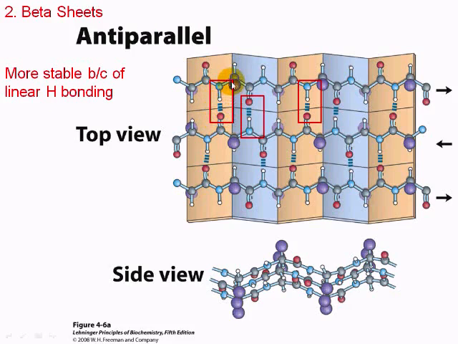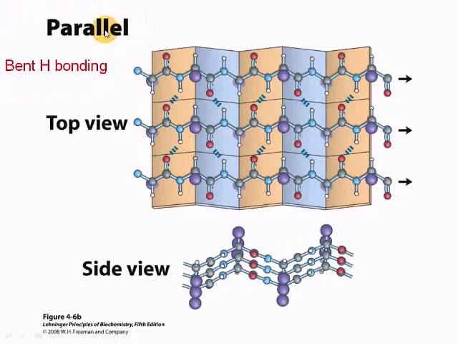So right here we have linear hydrogen bonding, and so these three atoms are in a straight line. And then note the R groups are alternating up and down, up, down, up, down. And then this one is parallel, and in a parallel beta sheet the hydrogen bonding is bent, and so that's going to be less stable than the anti-parallel.